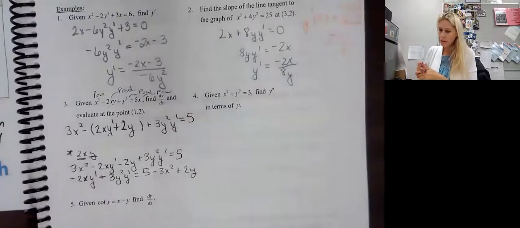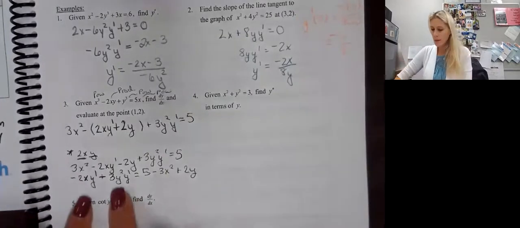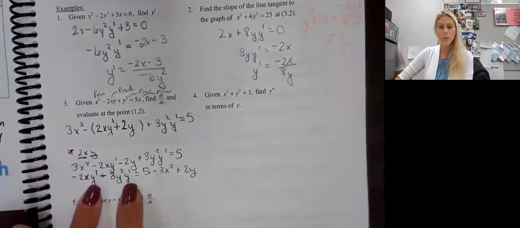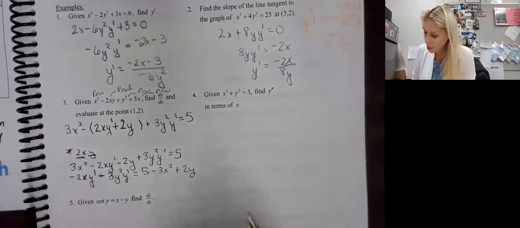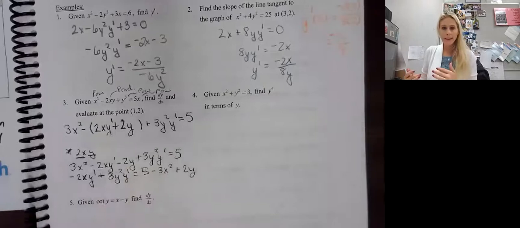Okay, now we have two y primes on the side, but what can we do with it? We can factor it out and divide. So because I'm running out of space, guys, I'm going to do all of that at once.